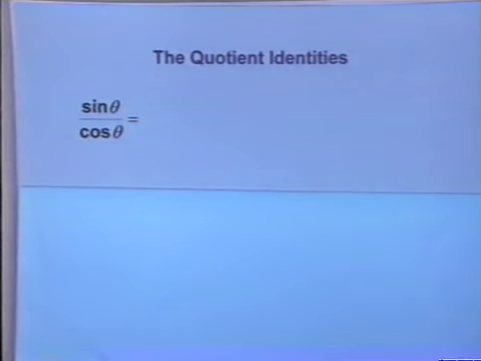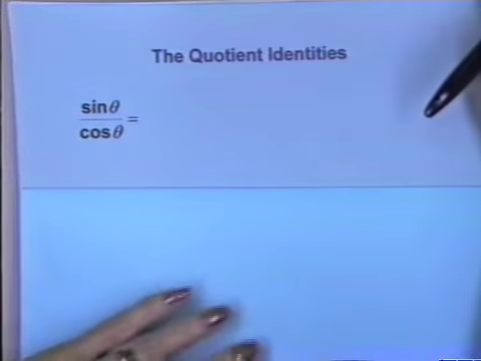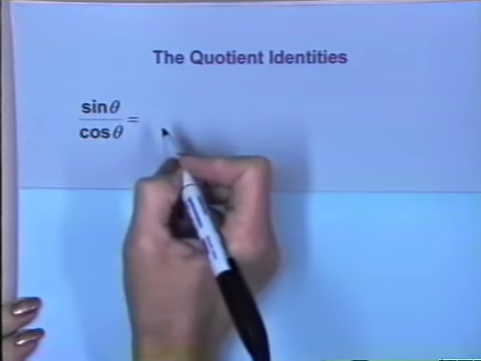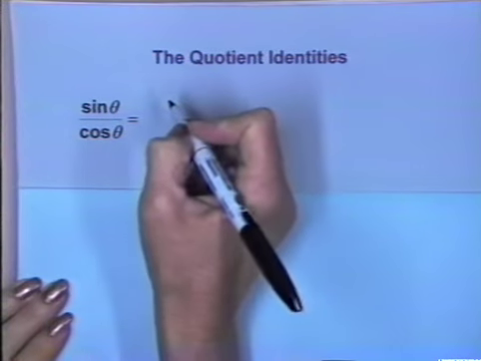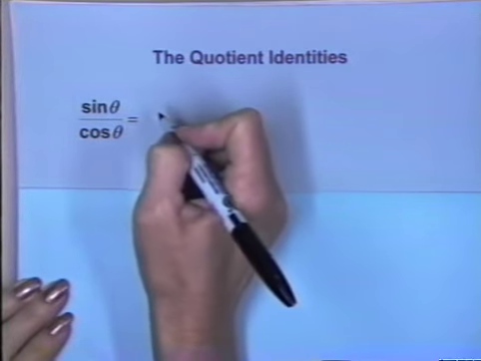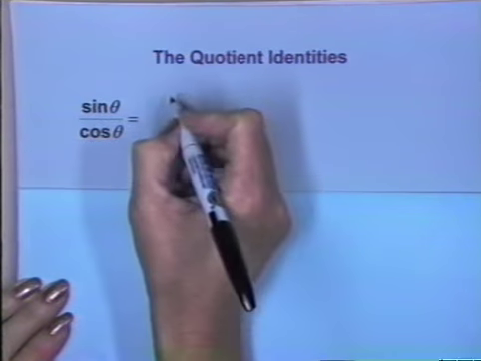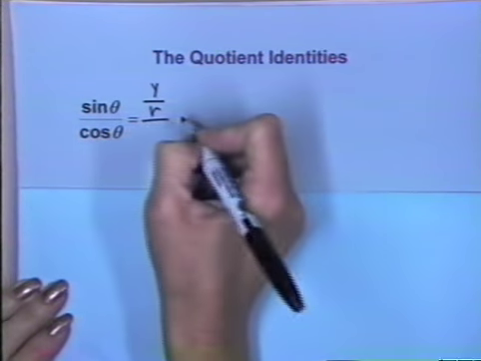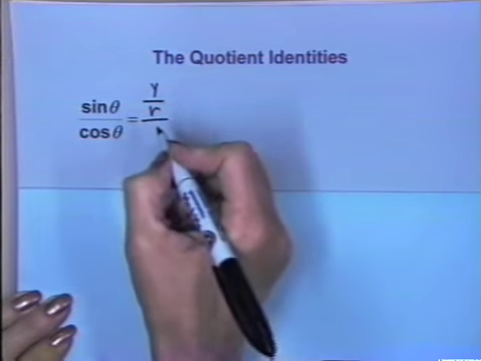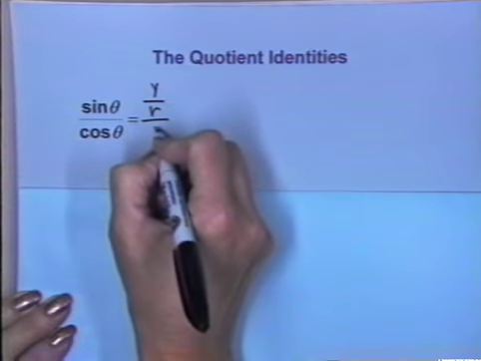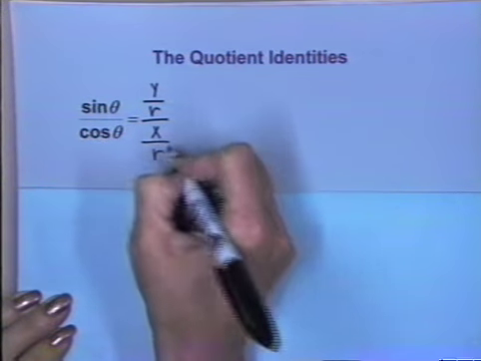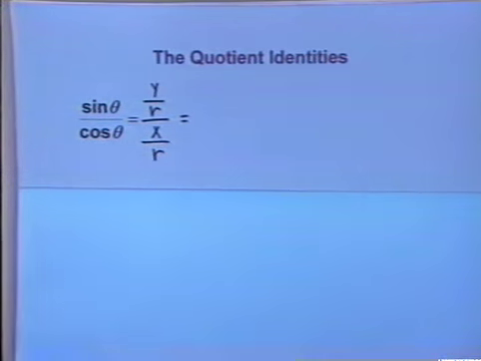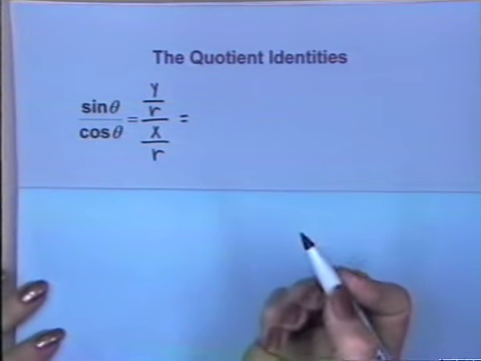We'll start with sine theta divided by cosine theta, and what we will do is, for our angle theta in standard position, if we pick a point on the terminal side, x y, once again, then we could find the sine of theta by taking that y coordinate and dividing it by the r coordinate, and the cosine of theta, we could get that ratio by taking the x coordinate of our point and dividing it by r, where of course we know r is the square root of x squared plus y squared.